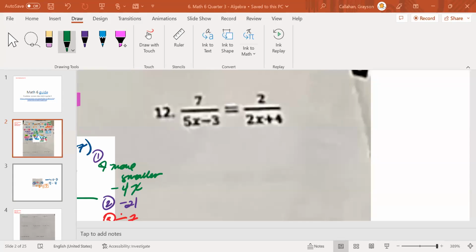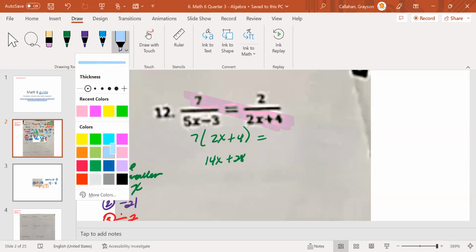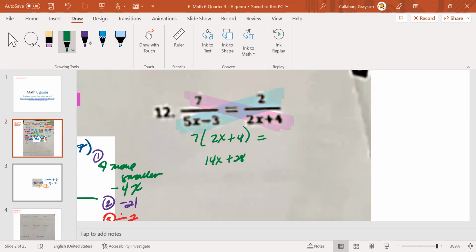Okay, so for number 12, we're going to go ahead and multiply diagonally, which is going to give me 7 times 2x plus 4. If you distribute this, it's 14x plus 28 equals, you're going to now multiply across, which is going to be 2 times 5x minus 3, which is 10x minus 6.